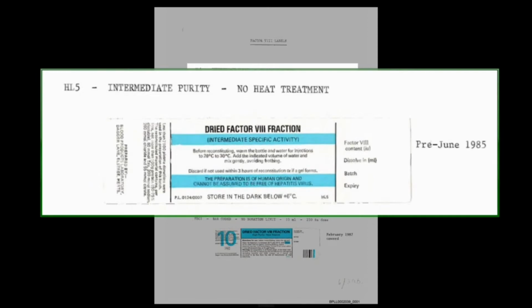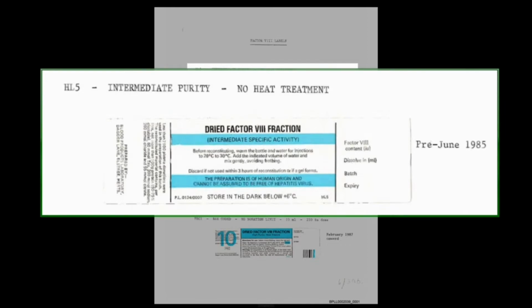It is stated to be dried factor VIII fraction of intermediate specific activity, which, as I understand it, would fit with it being an HL product. The warning, highlighted in blue on the package, reads, "The preparation is of human origin and cannot be assumed to be free of hepatitis virus."